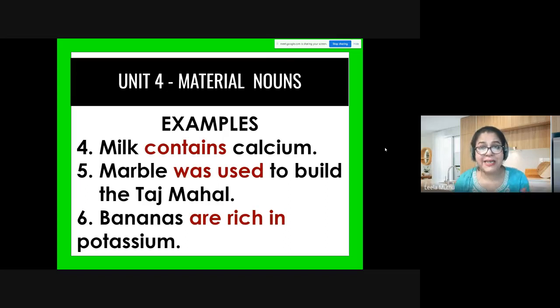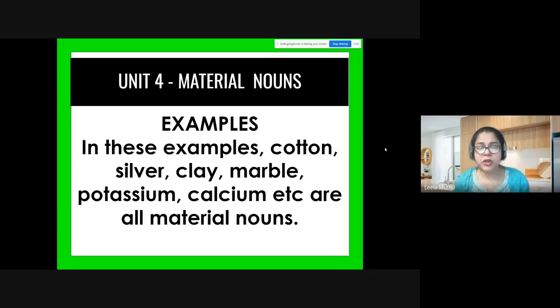So bananas are rich in potassium. So potassium here is the material noun. In these examples, cotton, silver, clay, marble, potassium, calcium, etc., these are all material nouns.